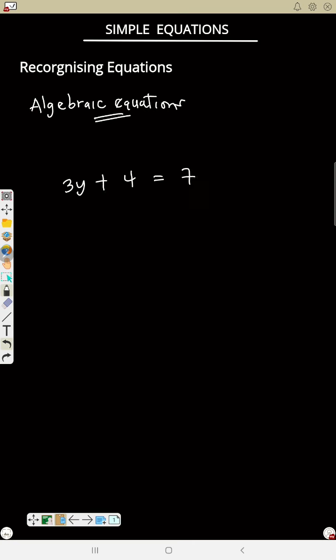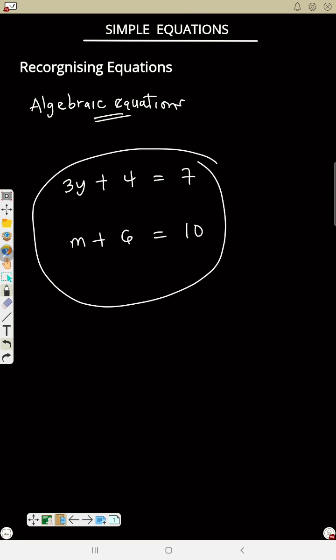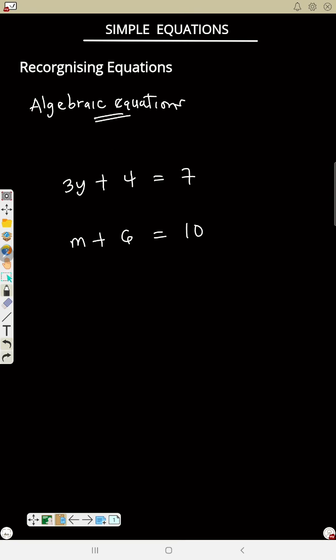This is algebraic equation. M plus 6 is equals to 10. This is algebraic equation. Now anytime you have algebraic equation, the equation should involve alphabet anywhere. So that is algebraic equation.